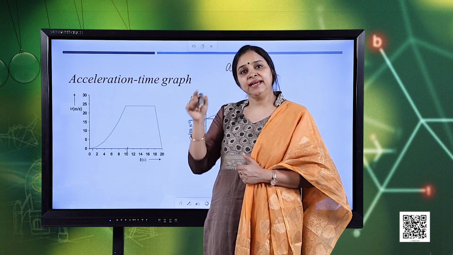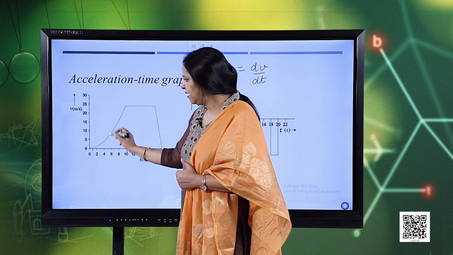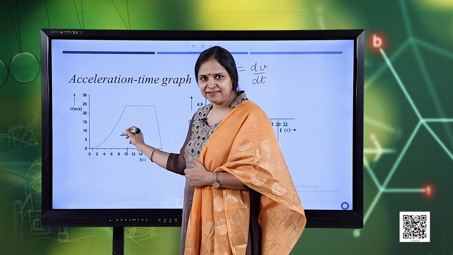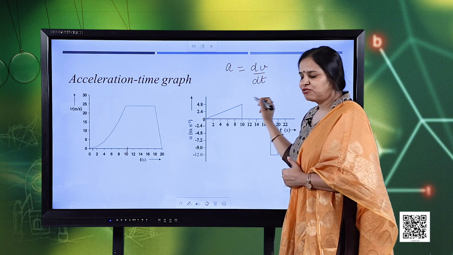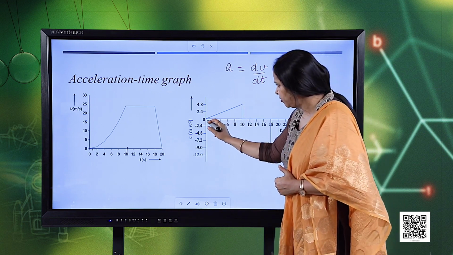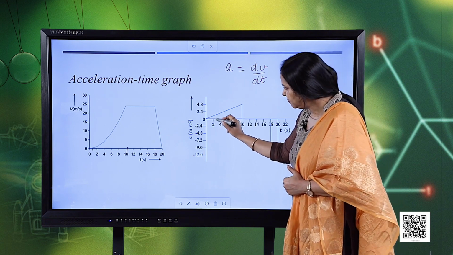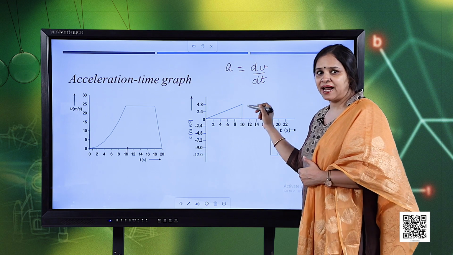That is what we call instantaneous acceleration. Finding the instantaneous acceleration at different instants, we plot the acceleration time graph. So, just look within the time duration of 0 to 10 seconds. This plot represents the acceleration at different times.